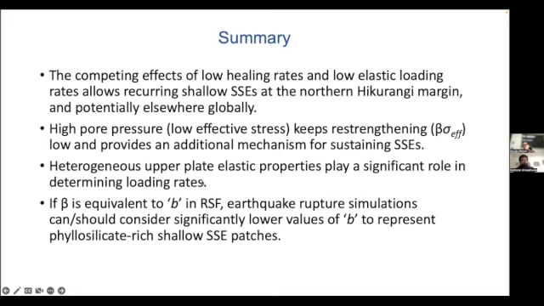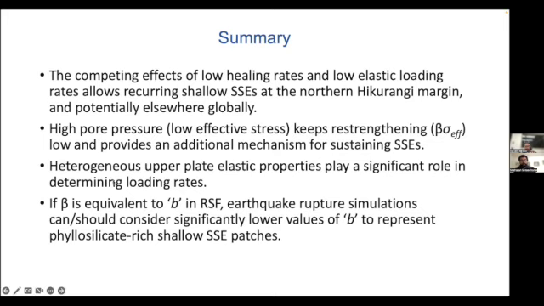The other important result to come out of this is the idea that incorporating the heterogeneities in the upper plate elastic properties plays a significant role in determining the loading rates. So for example, in our numerical models, I forgot to point out, the elastic properties of the upper plate as constrained by seismic velocities, the rigidity is of the order of 10 to 15 gigapascals, GPa. So that's significantly lower than the usually assumed 30 GPa crust rigidity.